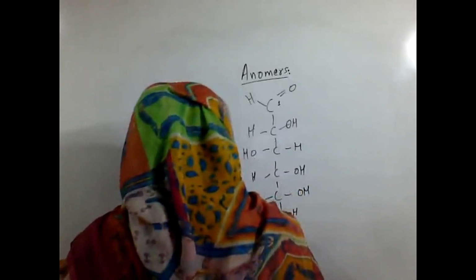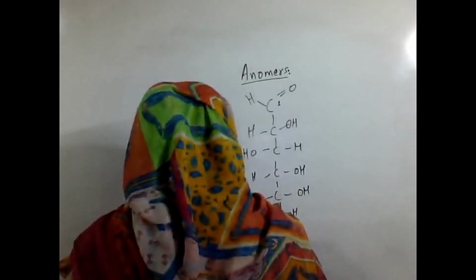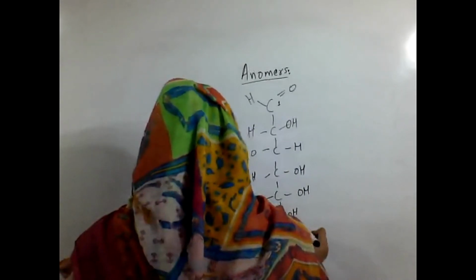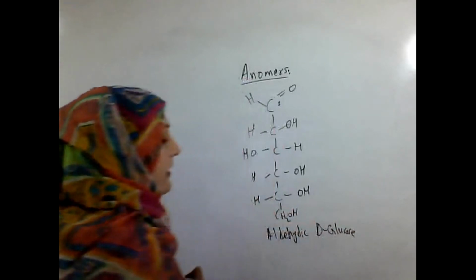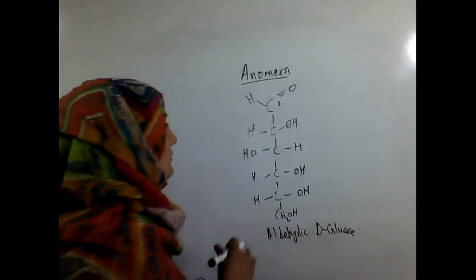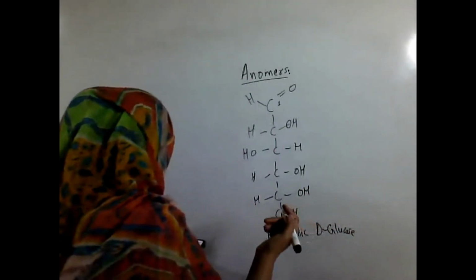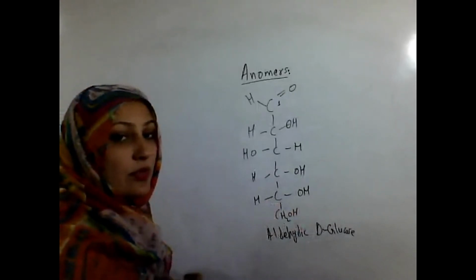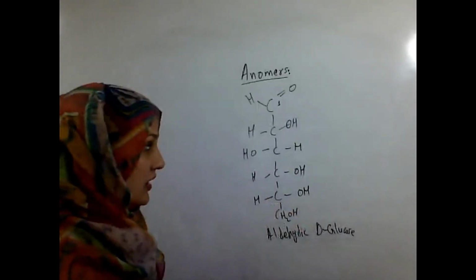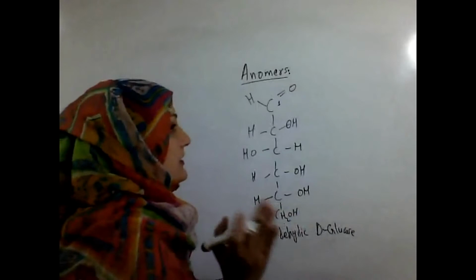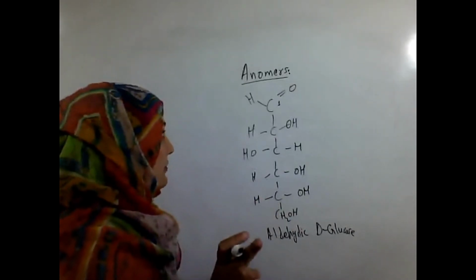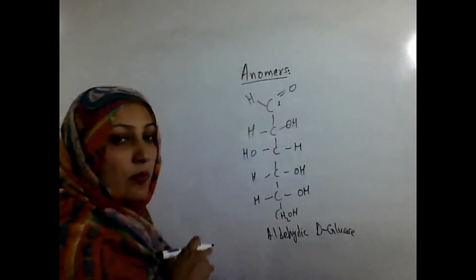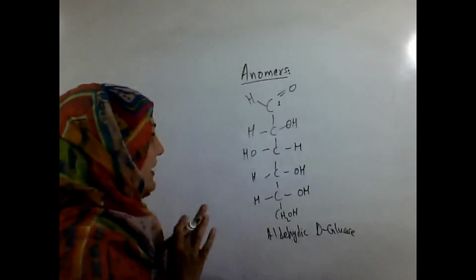This is the aldehyde D-glucose. When this aldehyde D-glucose molecule converts toward the cyclic structure, it gives rise to the anomeric carbon. This asymmetric carbon now formed is called the anomeric carbon, and the molecules formed from this are called the anomers.